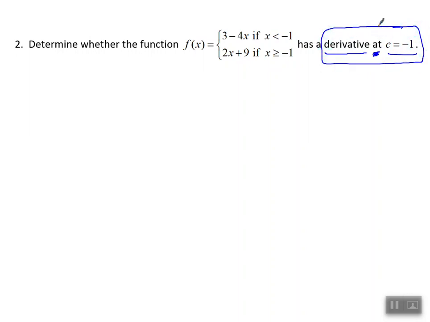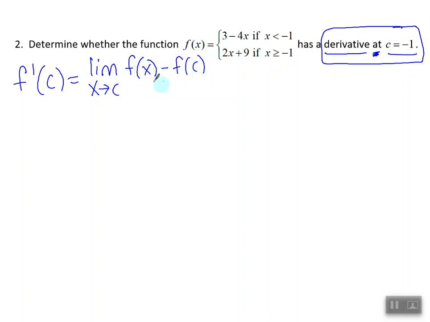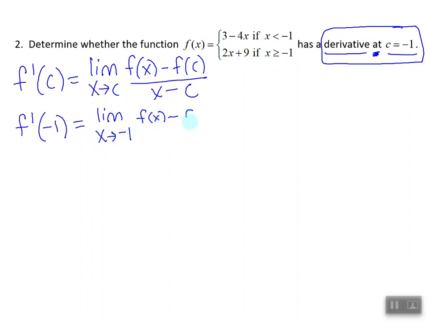So when we see that, it's often more useful to use f prime of c equals the limit as x approaches c of f of x minus f of c over x minus c. So we want f prime of -1, the derivative at c equals -1, which will be the limit as x approaches -1 of f of x minus f of -1 over x minus -1.